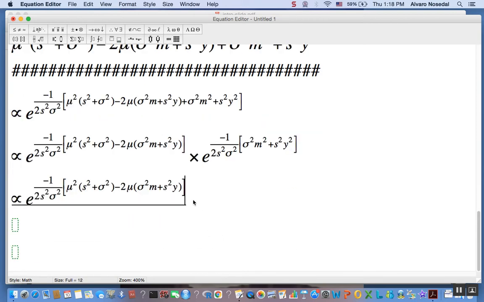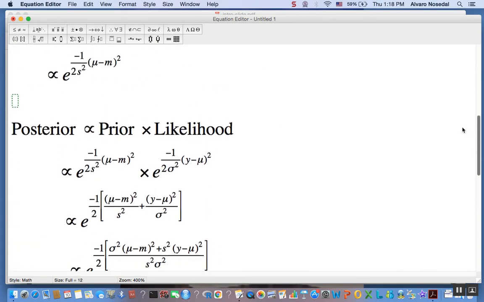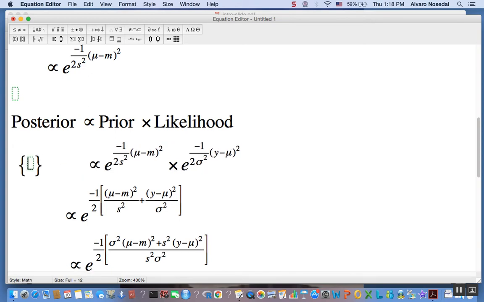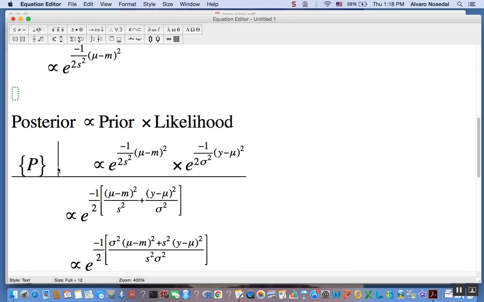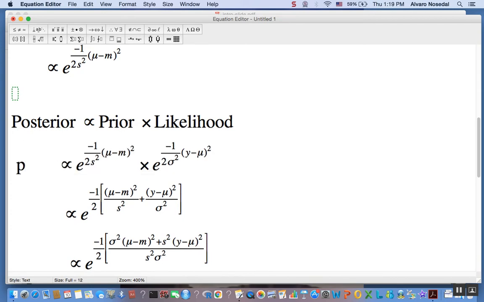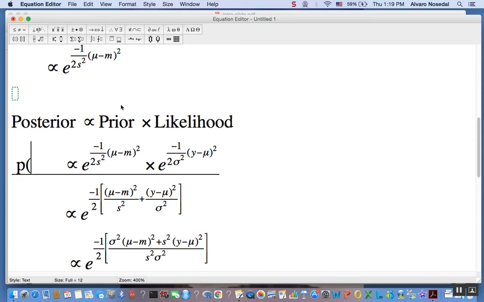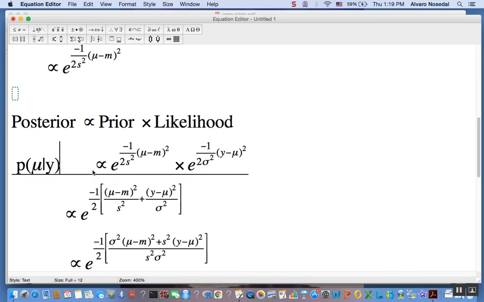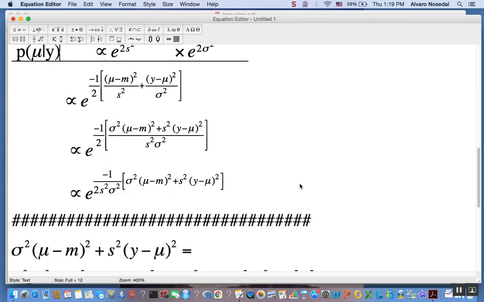Okay, that doesn't have to do with our parameter mu, right? And remember that the one that we are after here is the probability of mu, if you will, given our observation y. Okay.